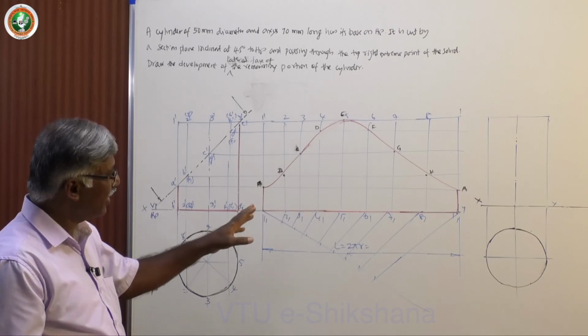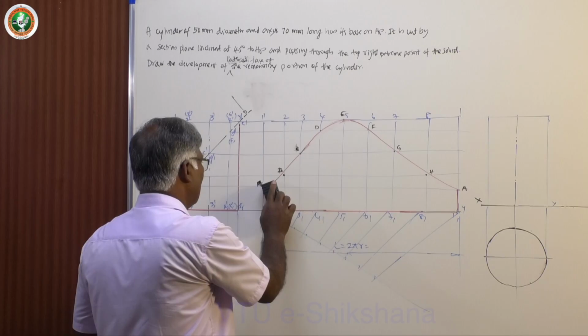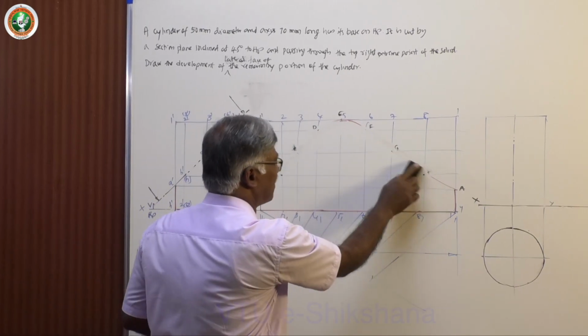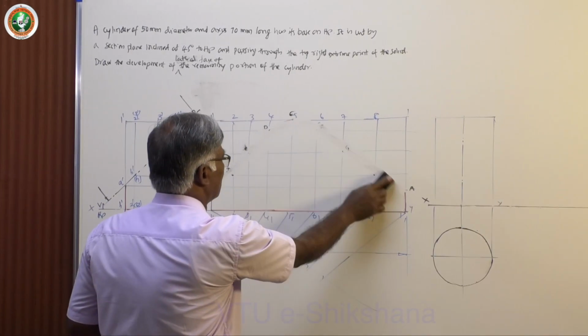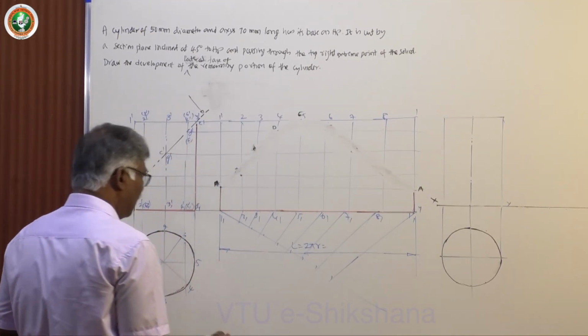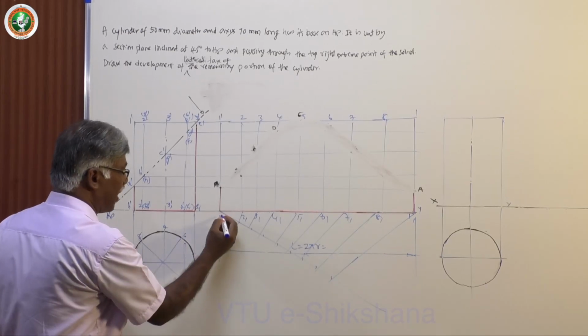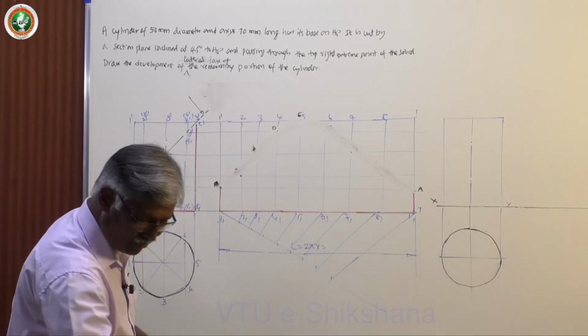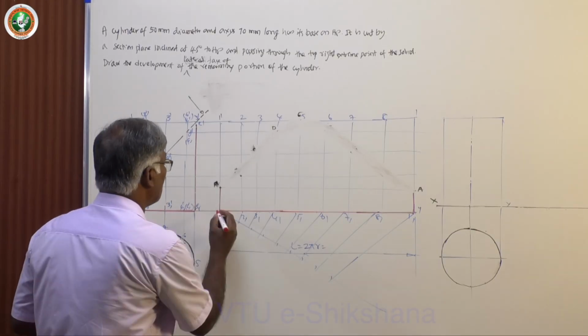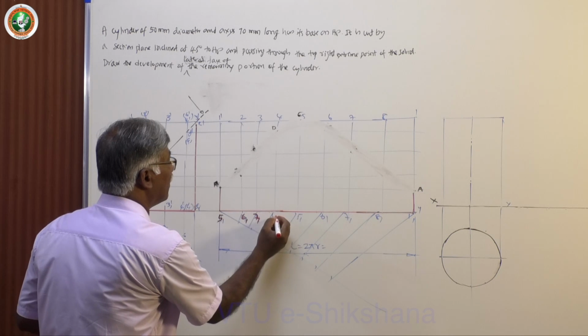Okay, now I will take the same thing and use the same pattern. I will change only this. Use the same figure. Now, I assume that I start from 5 instead of 1, 2, 3, 4. Start from 5. 5, 1, 6, 1, 7, 1, 8, 1.